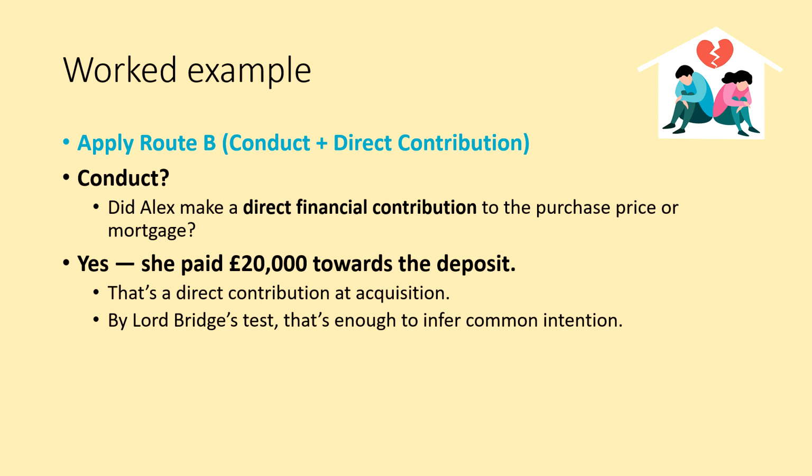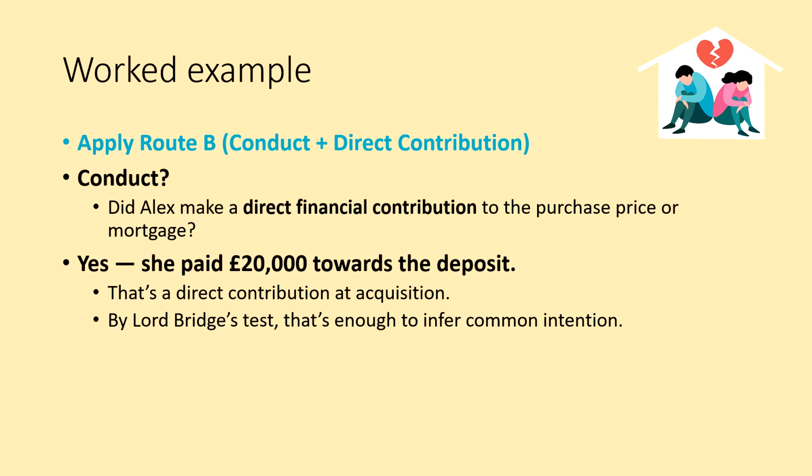Payments towards a deposit count as a direct financial contribution, and they themselves could also create a constructive trust. Other things like helping with the food, helping with bills, helping with decoration wouldn't count towards a direct contribution, but the deposit certainly does.